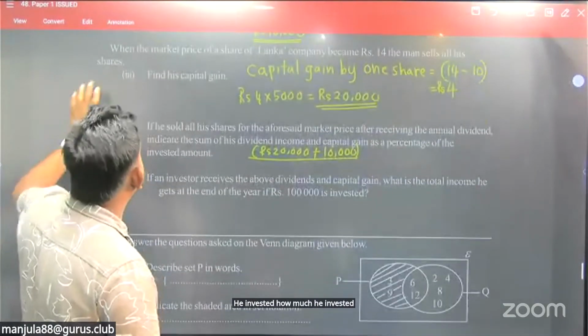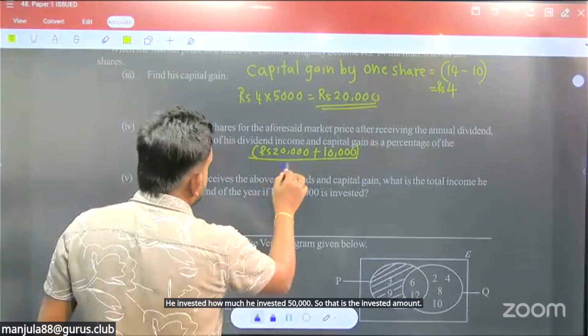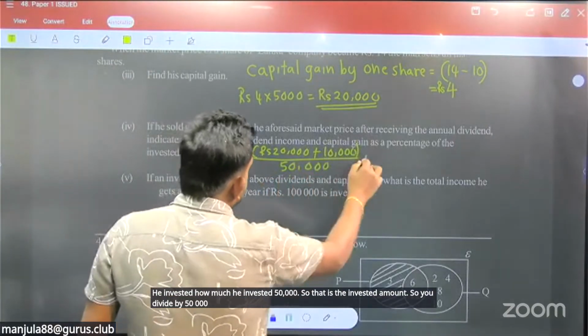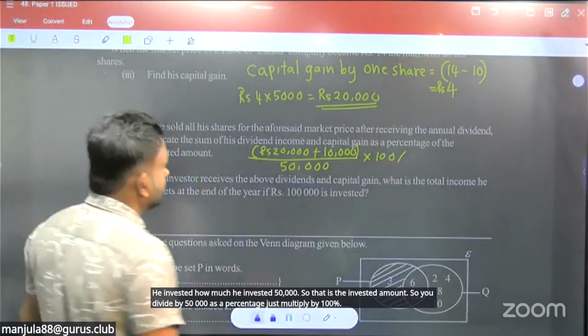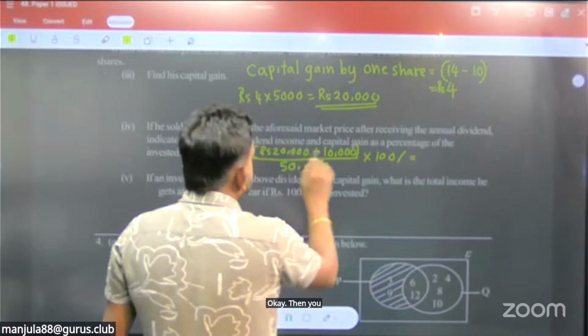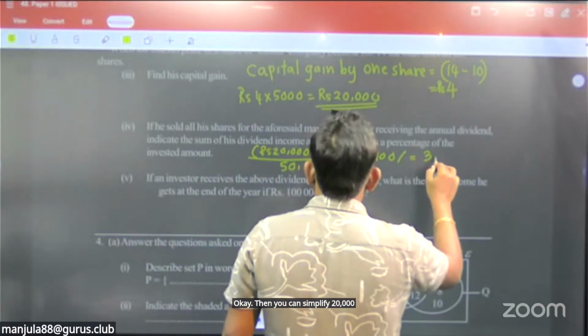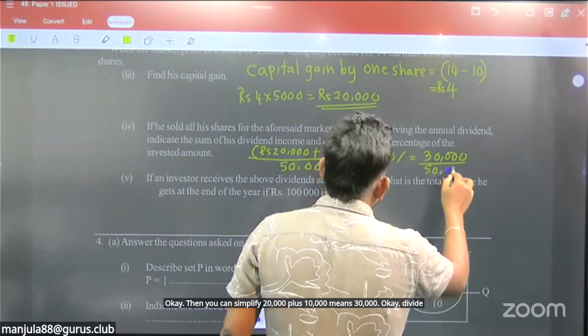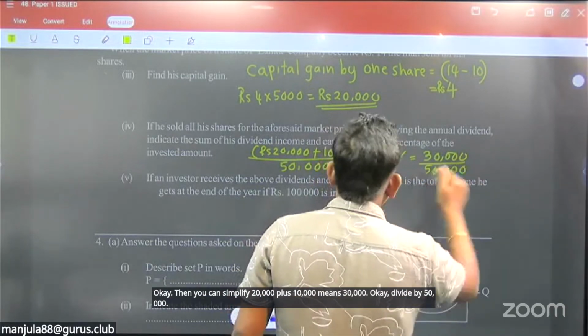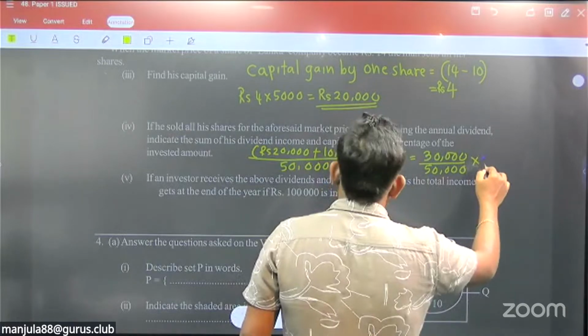So that is the invested amount. You divide by 50,000, and as a percentage, just multiply by 100%. Then you can simplify: 20,000 plus 10,000 means 30,000, divided by 50,000, then into 100%.